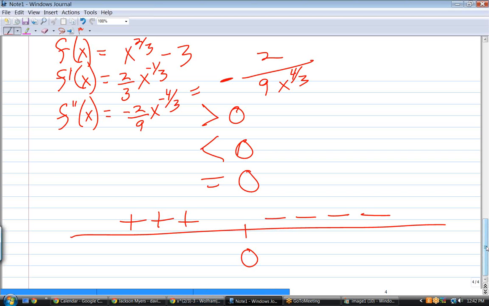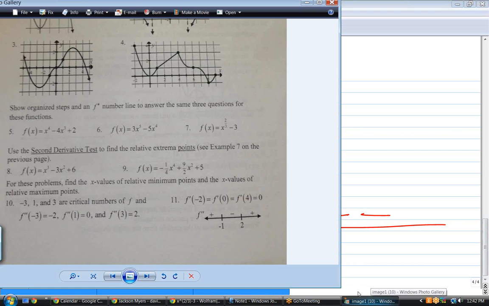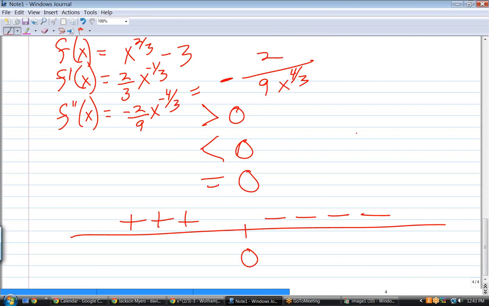I just had a quick question. Define the exact point where the inflection point is. Would you plug that x value you got from the second derivative into the first derivative? You don't need to. Well, you have an inflection point wherever the second derivative is equal to 0 or not defined.